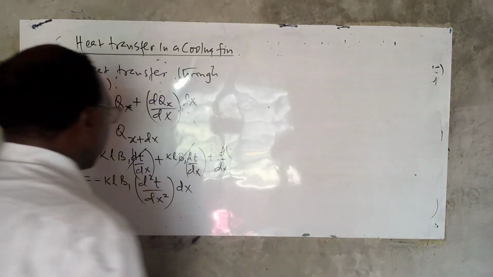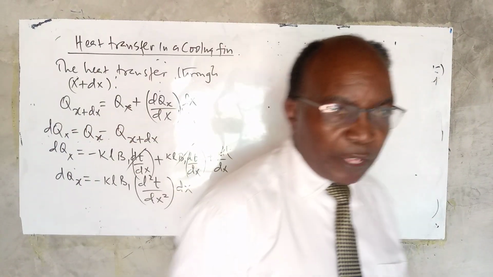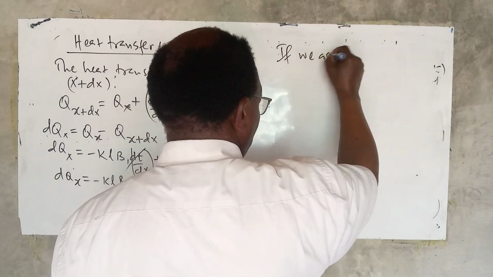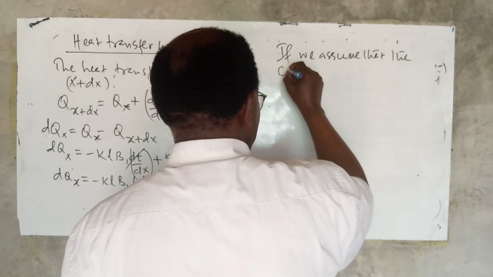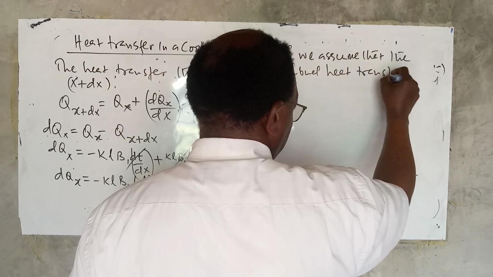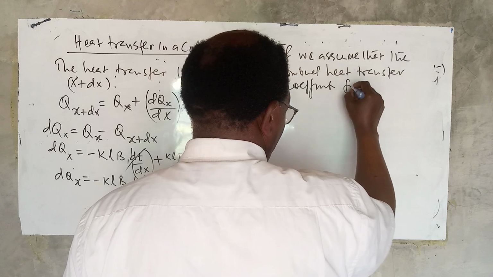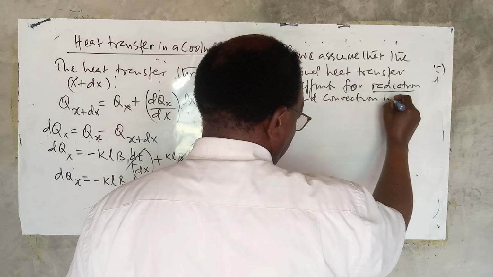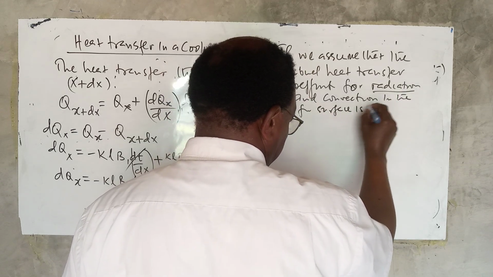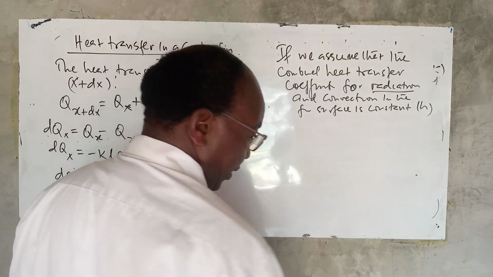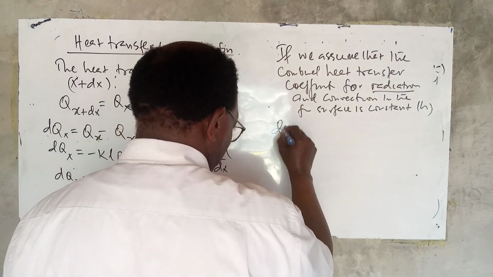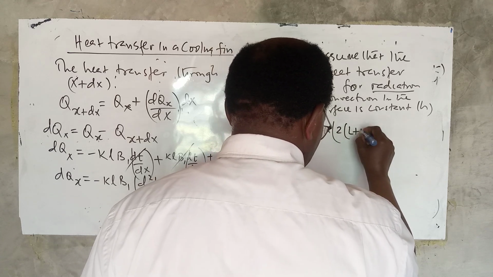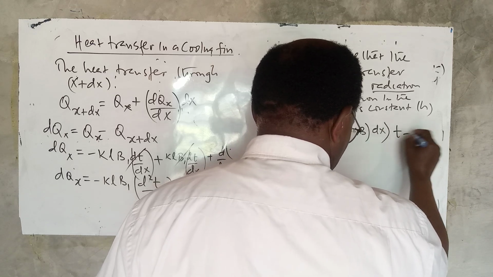If we assume that the combined heat transfer coefficient for radiation and convection on the fin surface is constant, let's call it H, then it also means that dq is minus H into 2 plus breadth dx into T minus Ts.